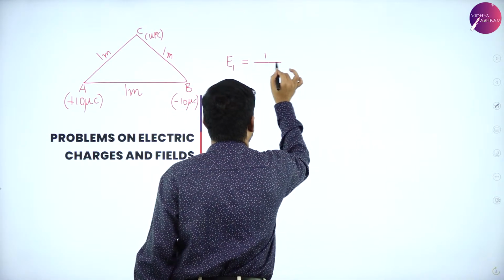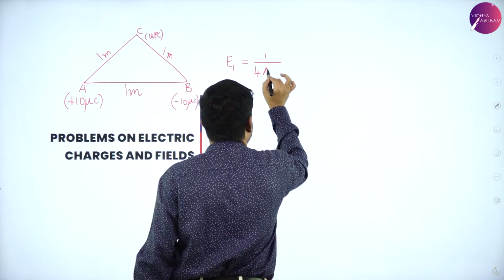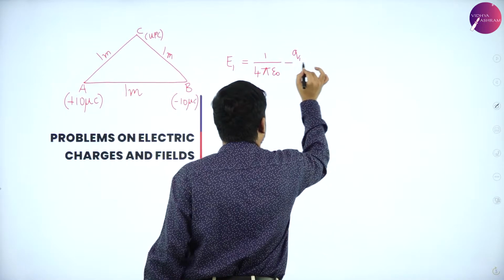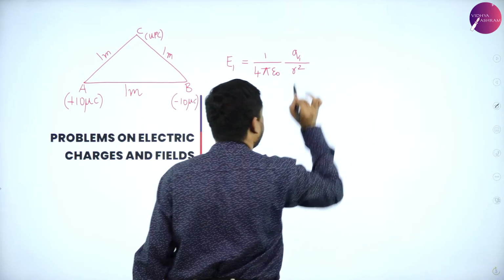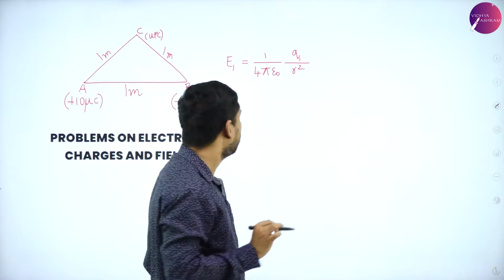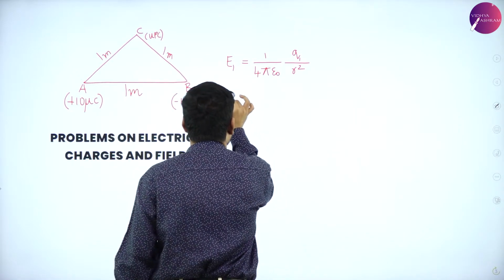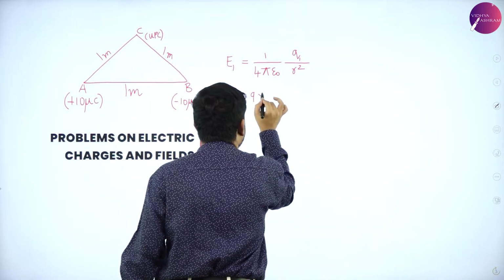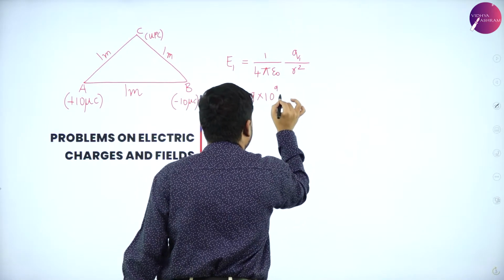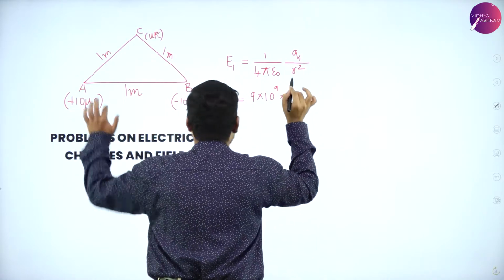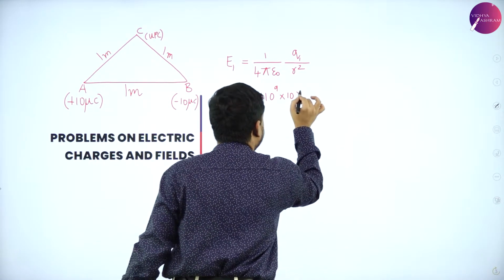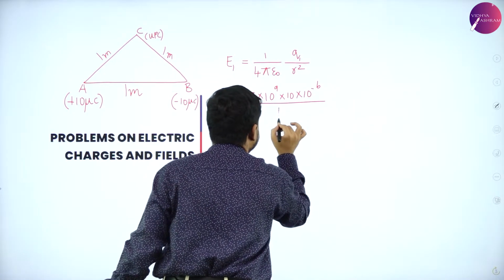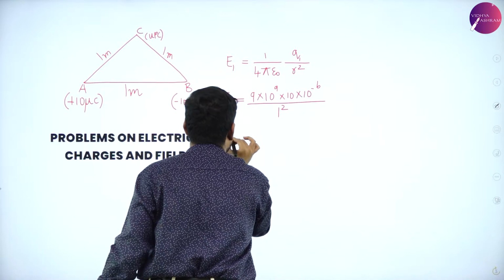So this is 1 by 4 pi epsilon naught Q1 by R square, or E1 is 9 into 10 power 9, 10 microcoulomb, 10 into 10 power minus 6, distance is 1 square.